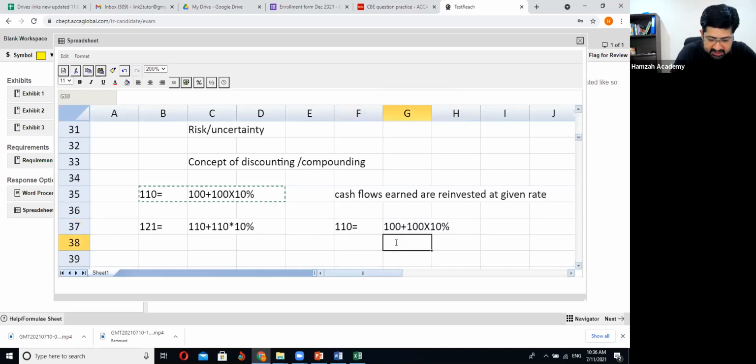If we take 100 common, by the math rule, 1 plus 10%, 1 plus 10% equals 110.